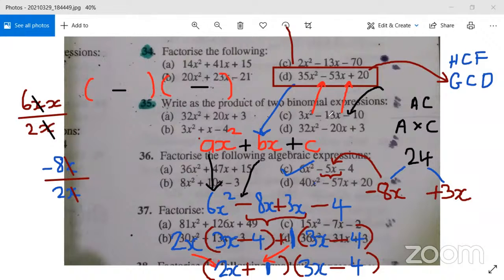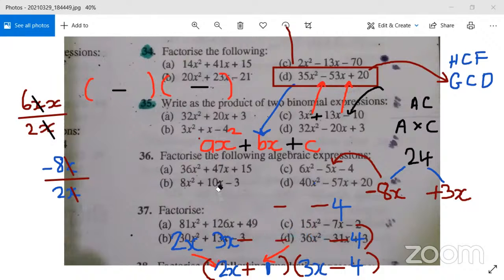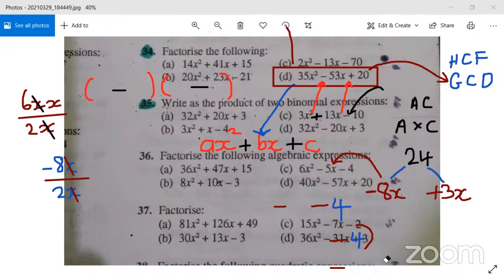The same is going to be true for the minus 13 and the minus 10 here, right? Now, if it were something like that, then of course the larger number would be positive, right? So just a few of the things that we need to look out for when we're dealing with factorizing, all right?